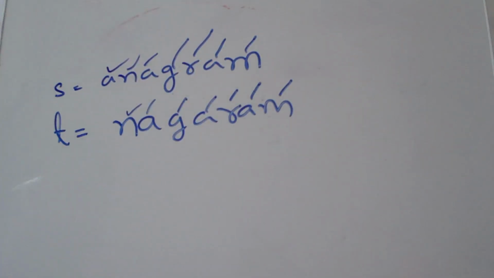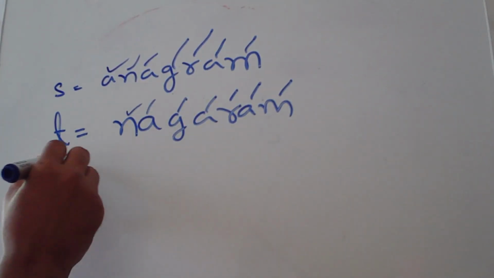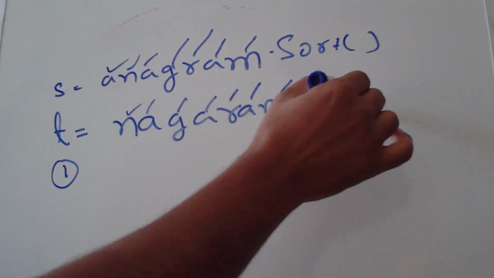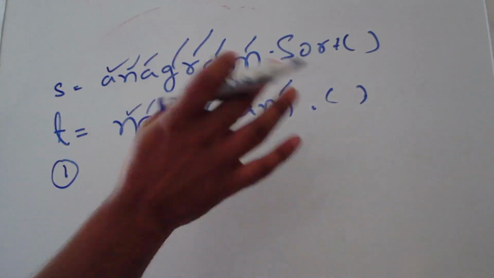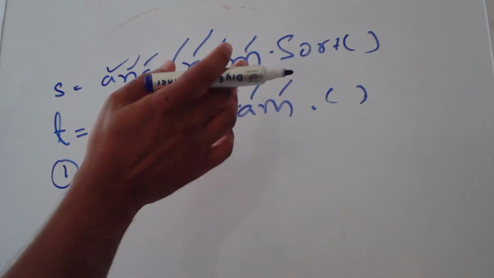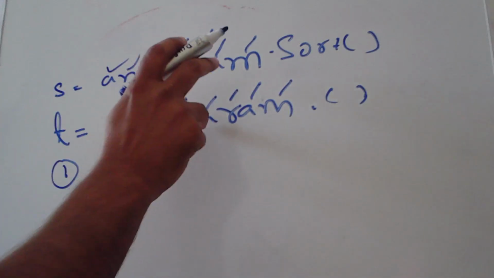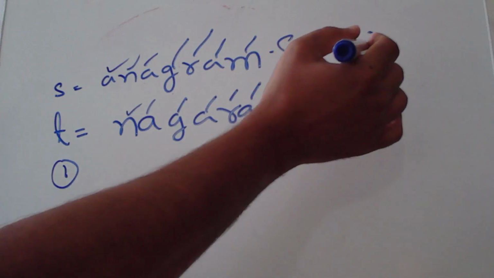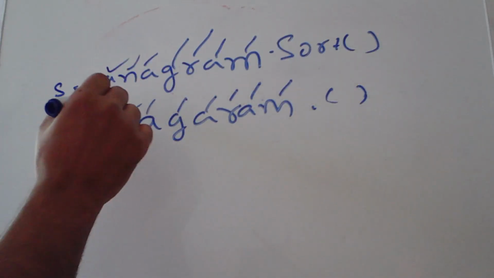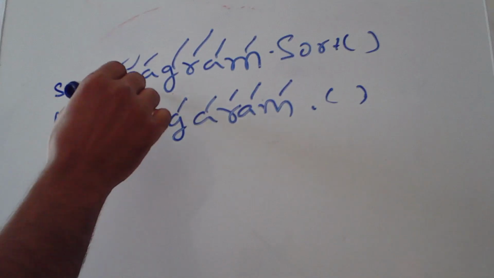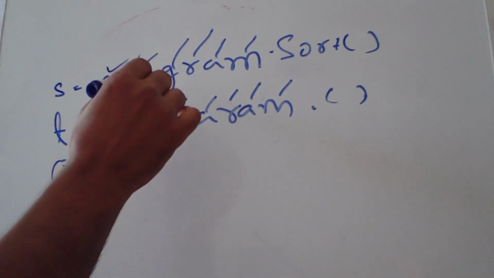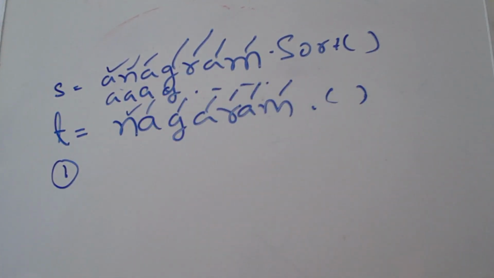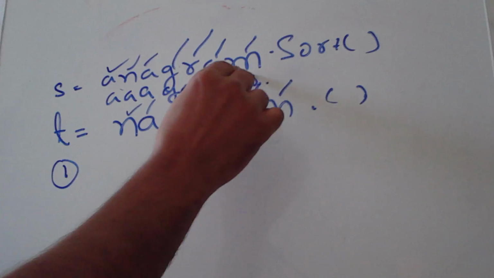So how are we going to solve it? See, simple. One way to solve it is that if we sort it, then no matter what the string is, if they are the same, the sort order will become the same, right? The sort order will become a, a, a, g, something like that, m and r, something like that.